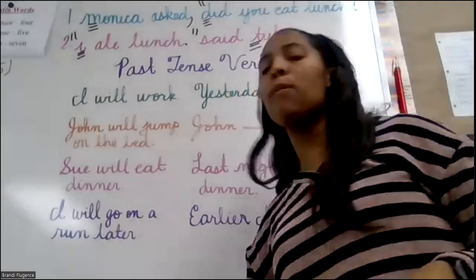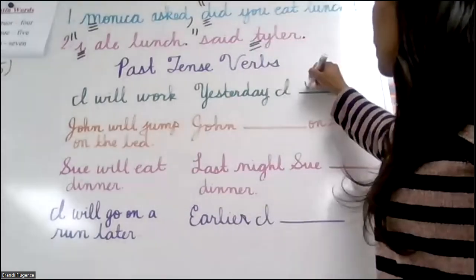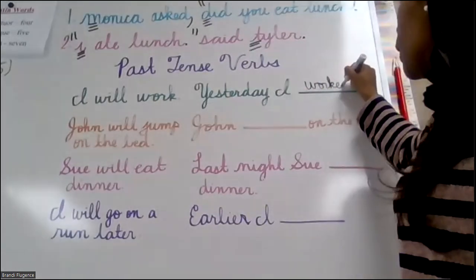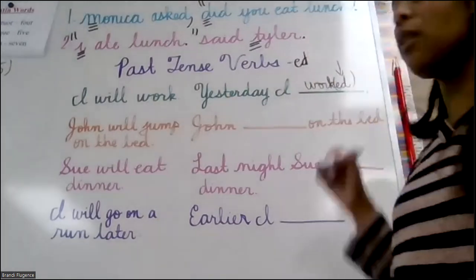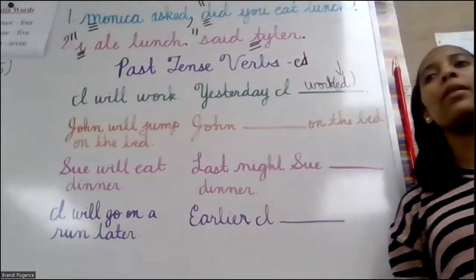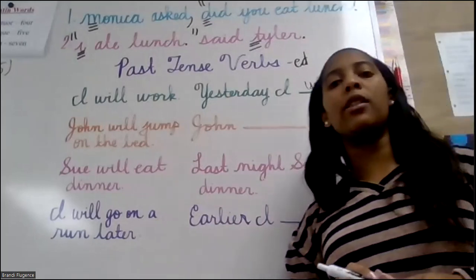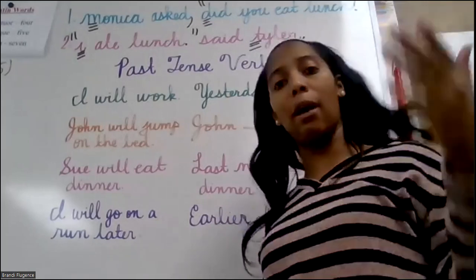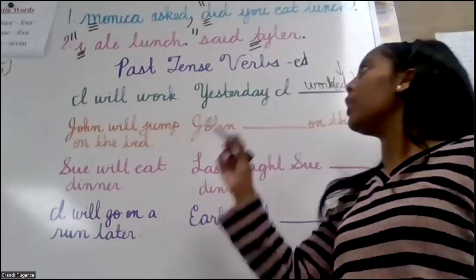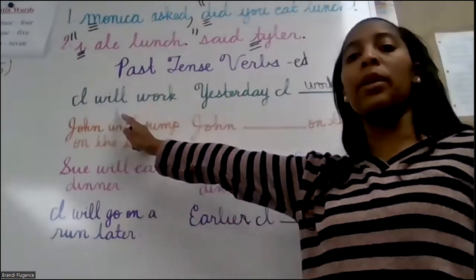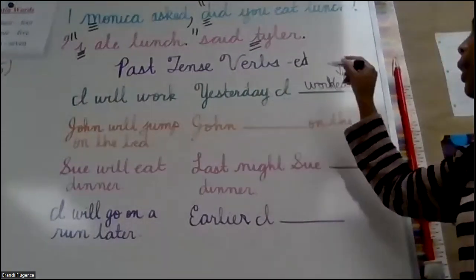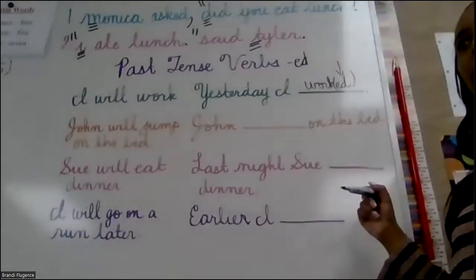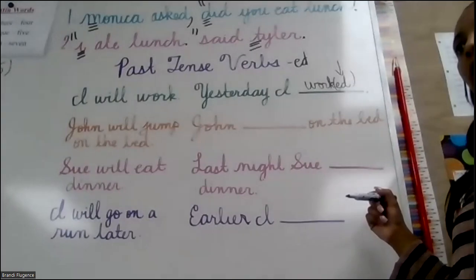So whenever we have past tense verbs, one way to turn a verb into a past tense verb is by adding ed to the end of it, to show that it is past tense. It happened already. So in this case, I will work means I'm going to do it, but when I do the work, it turns into yesterday I worked. And now we have ed on the end of it.